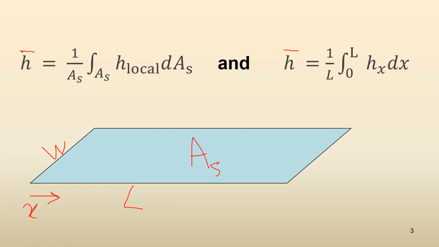So the general formula for the calculation of the overall or average h value over the entire surface is this: 1 over A sub s, integration over the entire surface of the local value dA_s, or 1 over L, because the width is constant, integral from 0 to L of the local value, h sub x, times dx. So h sub x is the local value of the convection transfer coefficient at each x position.